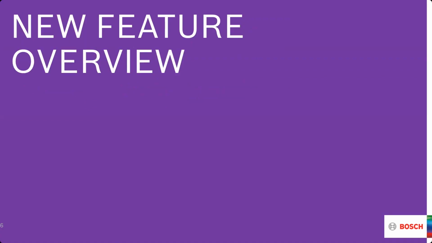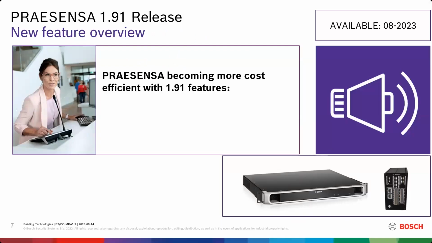So let's dive into a bit of the feature overview of this new software release. What this PRAESENSA release is actually about is becoming more cost efficient in projects in general, and especially also in mid-sized projects. So there will be two new components introduced, as you see in the next animation.